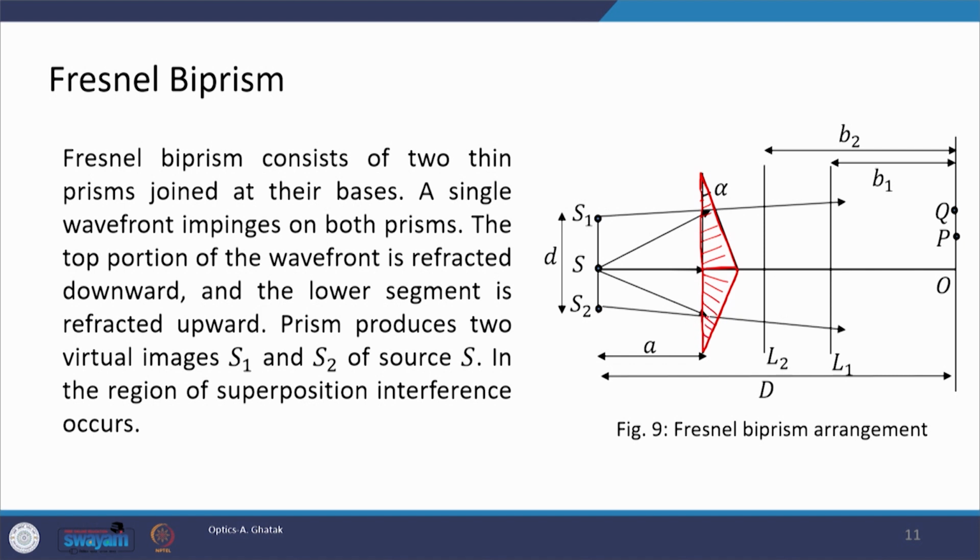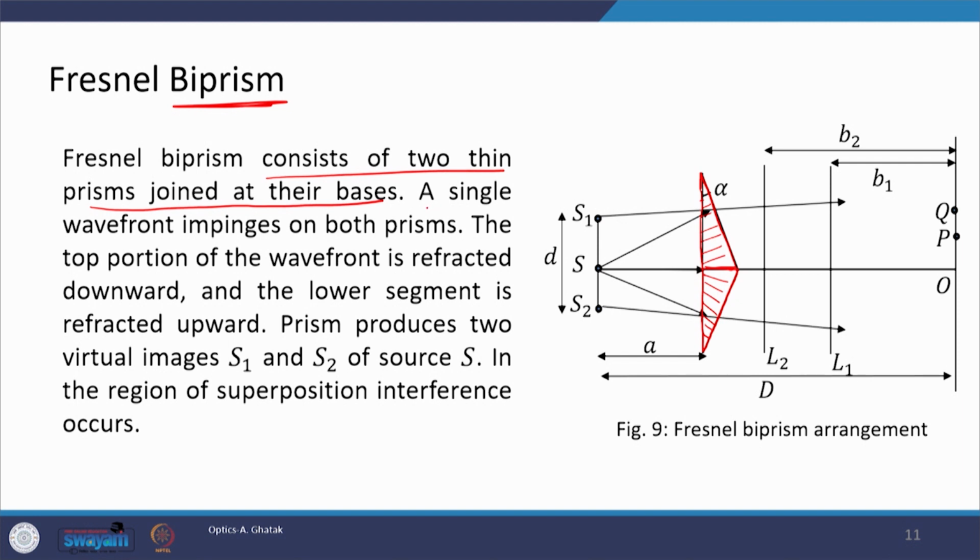These two prisms are glued together to form a single prism, therefore the name biprism. Fresnel biprism consists of two thin prisms joined at their bases, and the prism angle is very small.